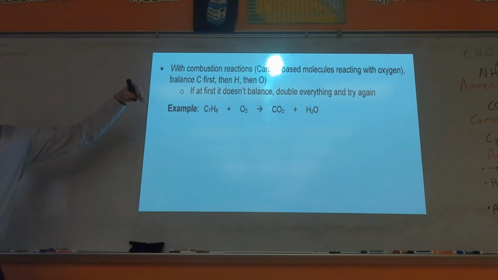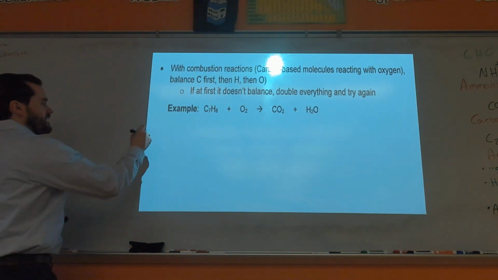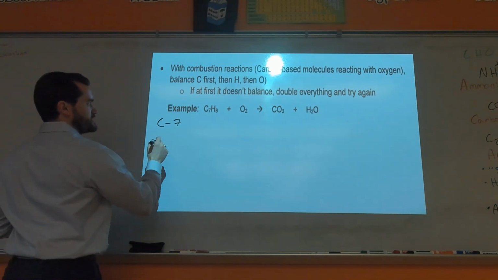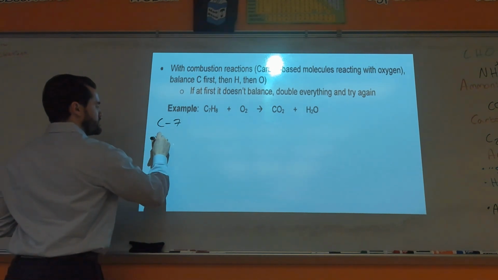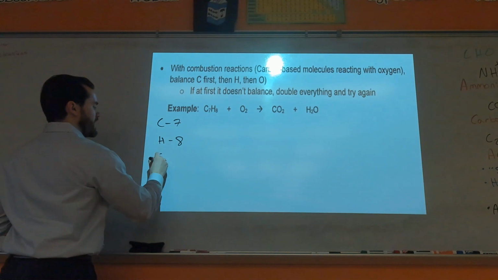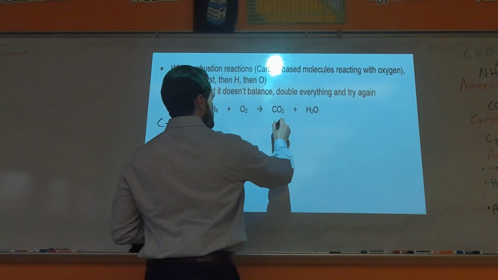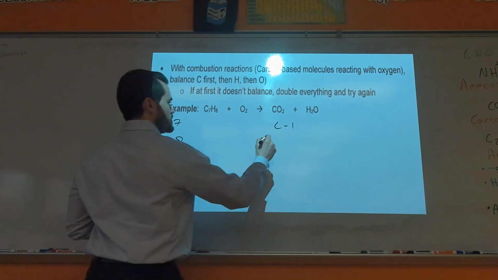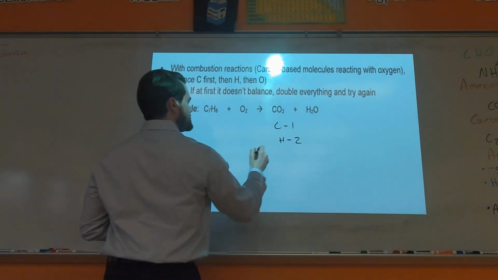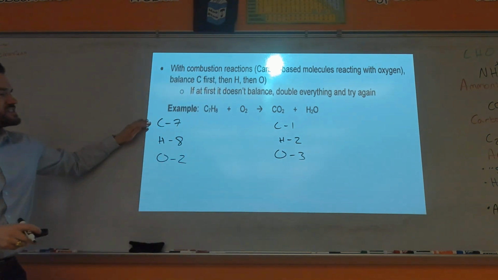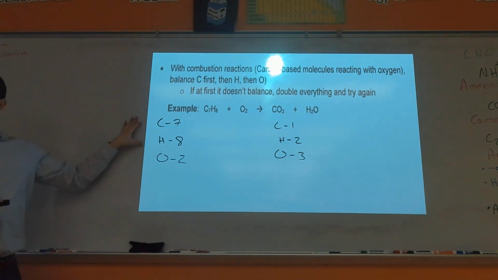Anyway, so let's use that principle to do this. So here we have 7 carbons in our reactants. We have 8 hydrogens and 2 oxygens. In our products, you have 1 carbon, 2 hydrogens, and 3 oxygens. So the CHO principle would say, there's a lot going on here, let's deal with our carbons first.